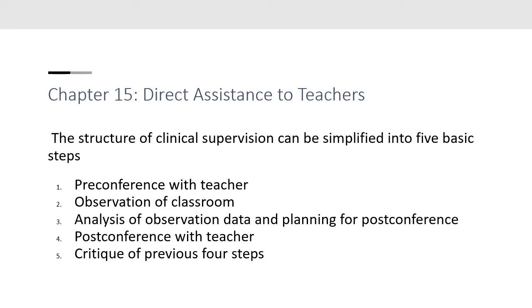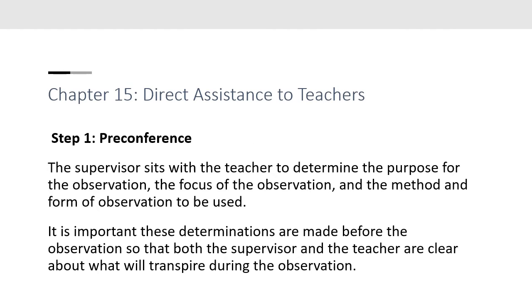There are 5 basic steps: the pre-conference with the teacher, the observation of the classroom, the analysis of the observation data and planning for the post-conference, the post-conference with the teacher, and the critique of the previous 4 steps. I'm not going to go into a whole lot of detail because we did complete this in Project 2 and most of us are familiar with the structure.